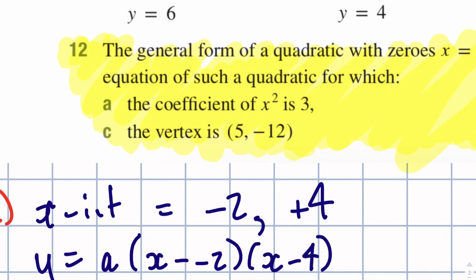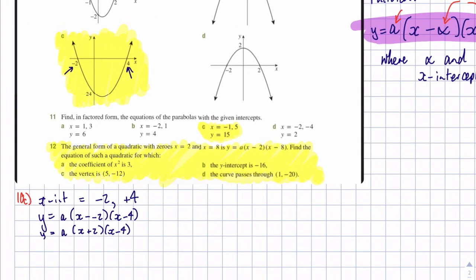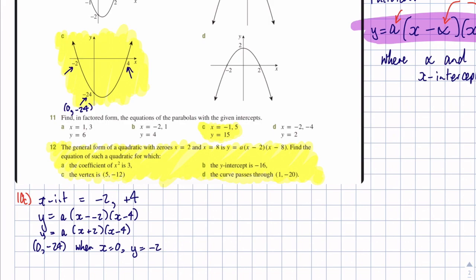Even though we don't know what's out the front yet, it becomes (x plus 2)(x take 4). The quick way is just to change the sign of whatever the x-intercept is. We also know the point (0, -24).